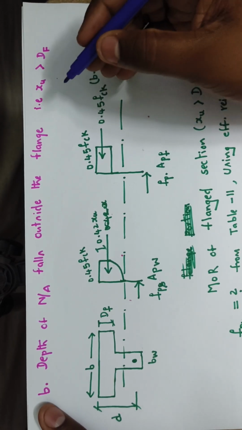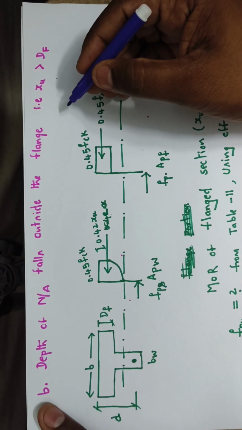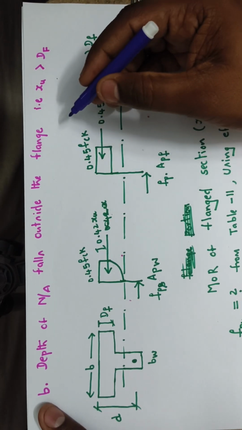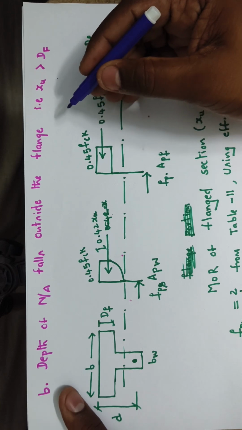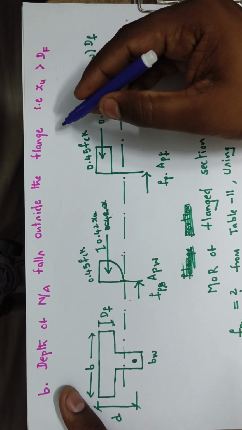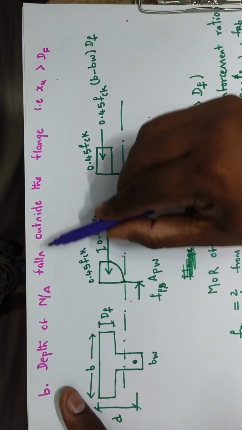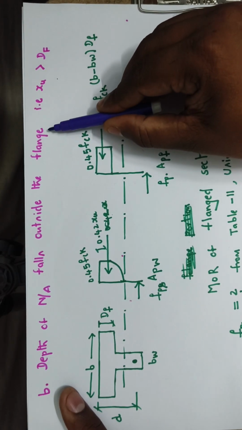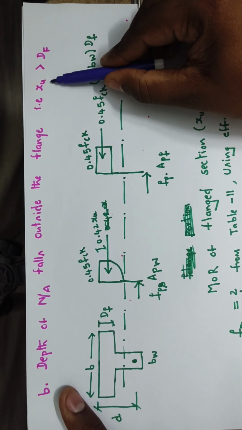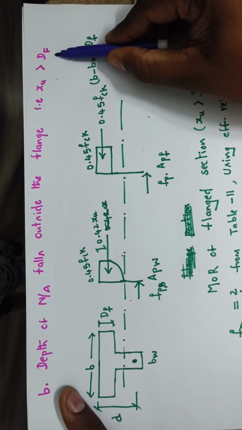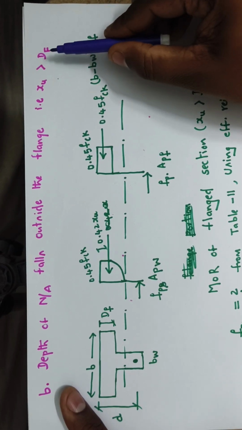But in this video, we will discuss and determine the ultimate flexure strength of the T section where the neutral axis falls outside the flange, that is, depth of neutral axis is greater than depth of the flange.